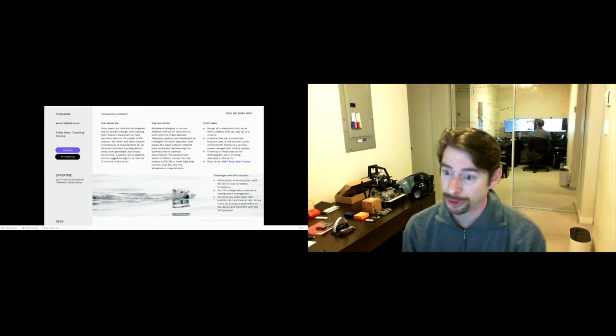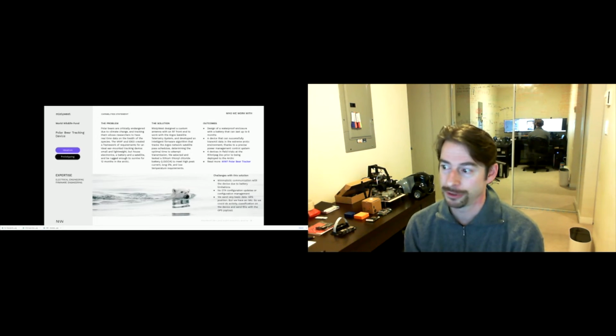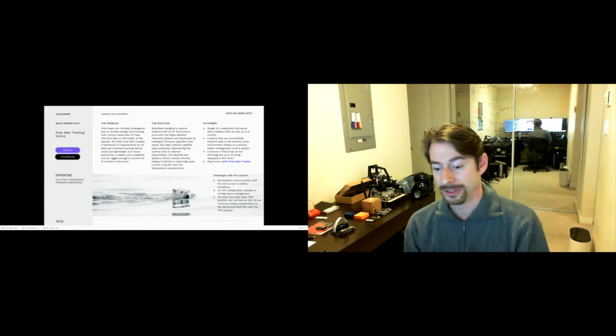The challenge of the solution was that to make it small, you can't put a big battery in. If you can't put a big battery in, you don't have a lot of power for compute, and you don't have a lot of power for communication. So you try to send as little data to the network as possible. But with that, you lose granularity of your measurement data.